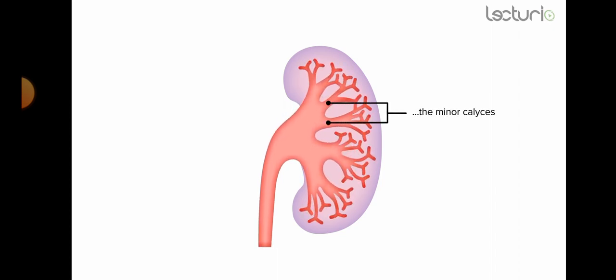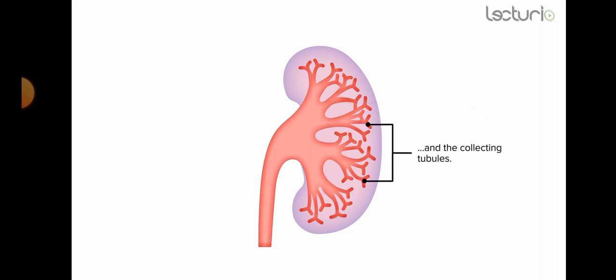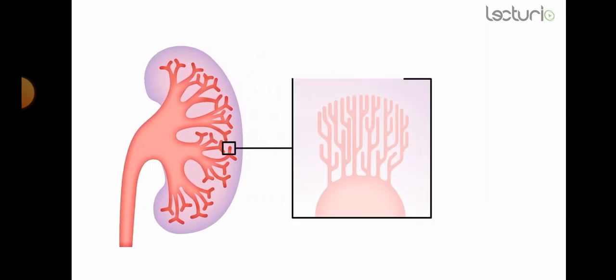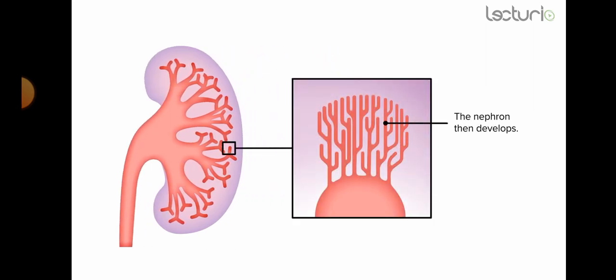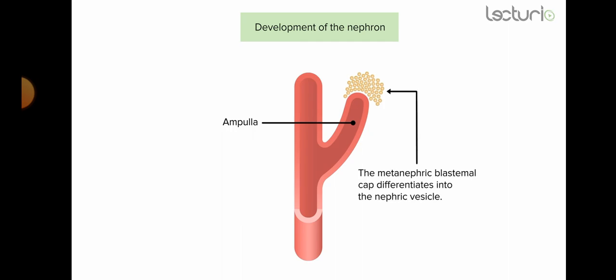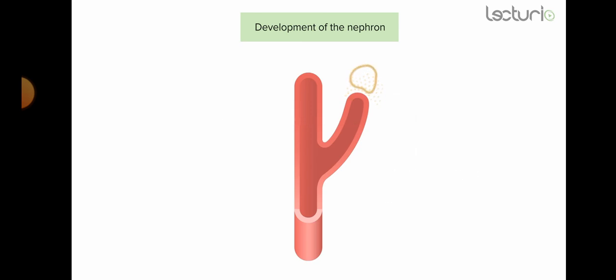As they progress, 20 further generations are formed and they form the collecting part of the urinary tract or the kidneys, whereas the nephrons are also further formed. The blastema or the metanephric mesenchyme forms a cap around the duct, and this cap differentiates into a nephric vesicle initially.